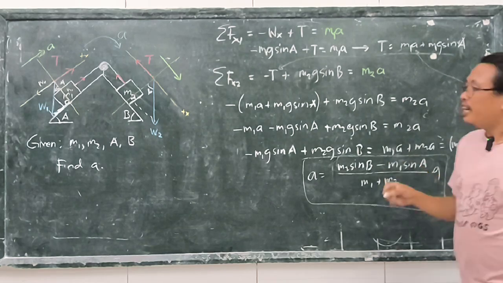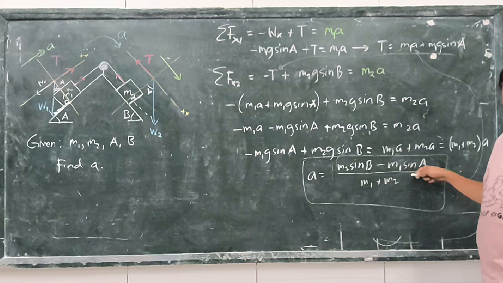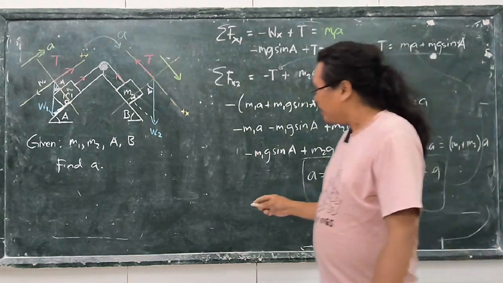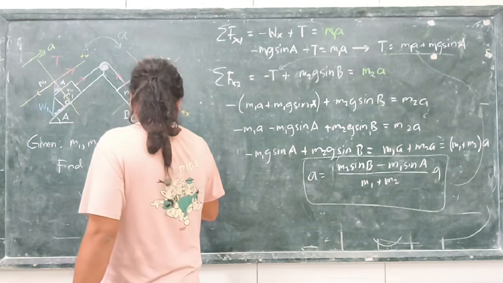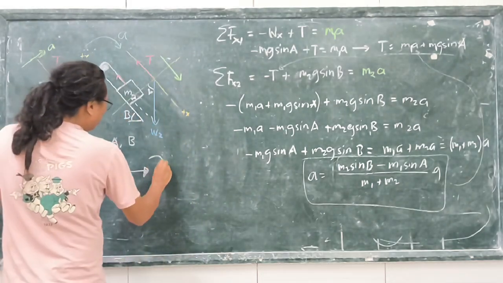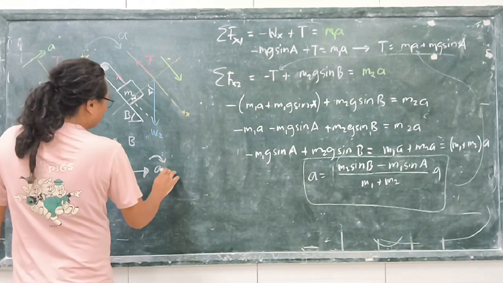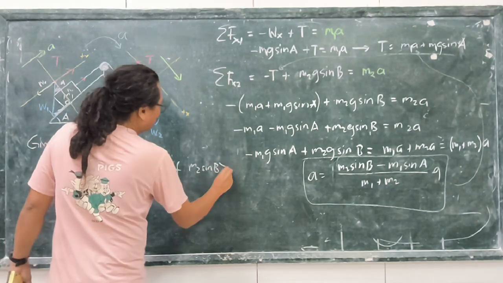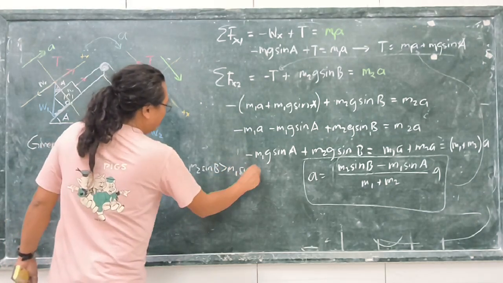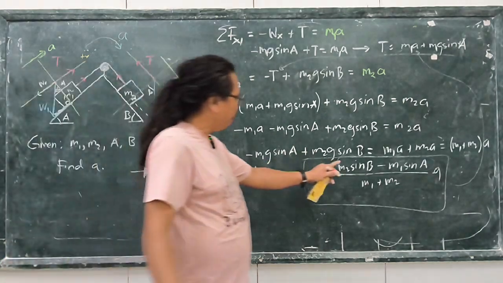So here, our acceleration is clockwise so long as m2 sine B is greater than m1 sine A. Meaning a is clockwise if m2 sine B is greater than m1 sine A, because this is positive.